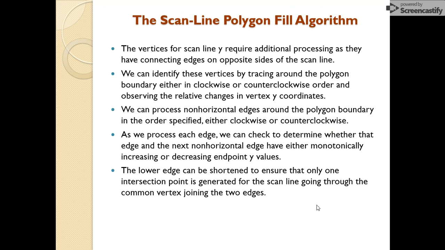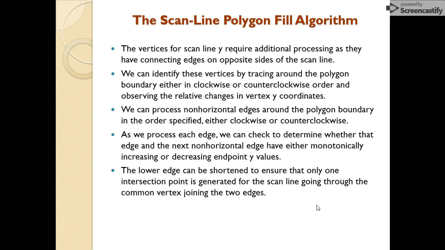Coming to the vertex case, for scanline y the vertices require additional processing. We can process these non-horizontal edges around the polygon boundary in the order specified, that is either clockwise or counterclockwise.